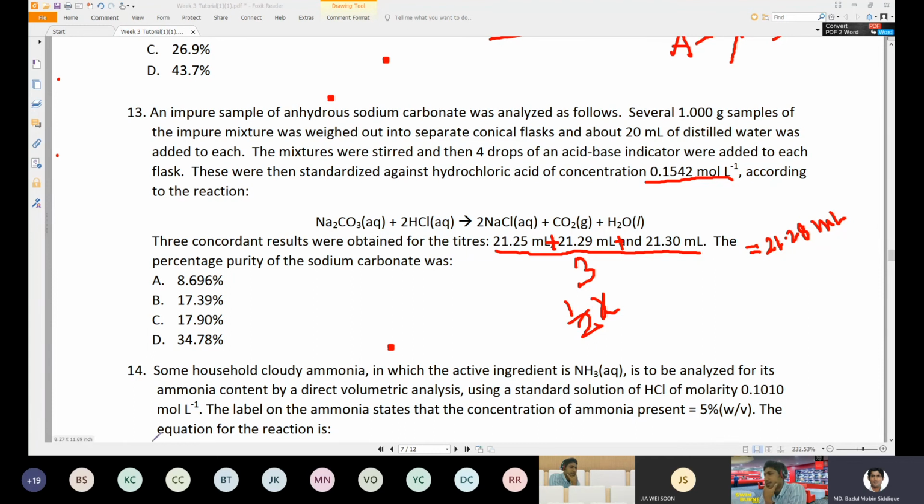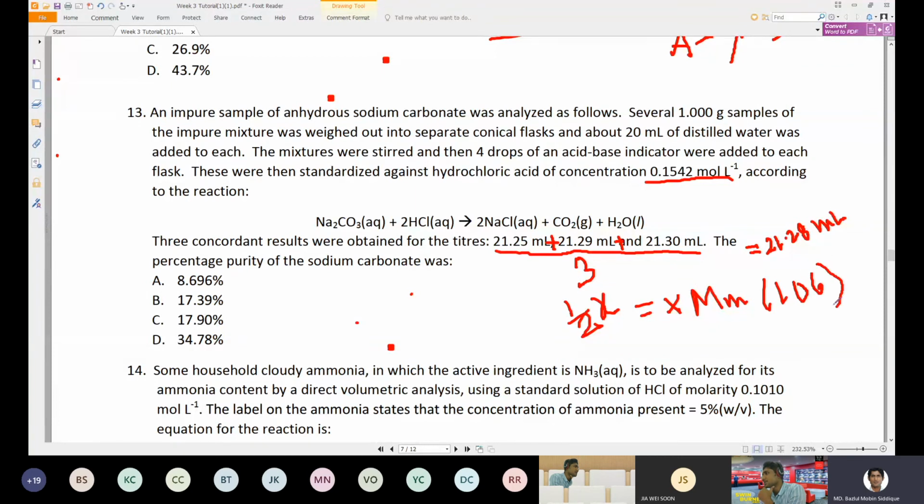So from there, I get the number of moles of sodium carbonate. Whatever number of moles of sodium carbonate we get, we multiply it with the molar mass or molecular weight of sodium carbonate, that is 106.